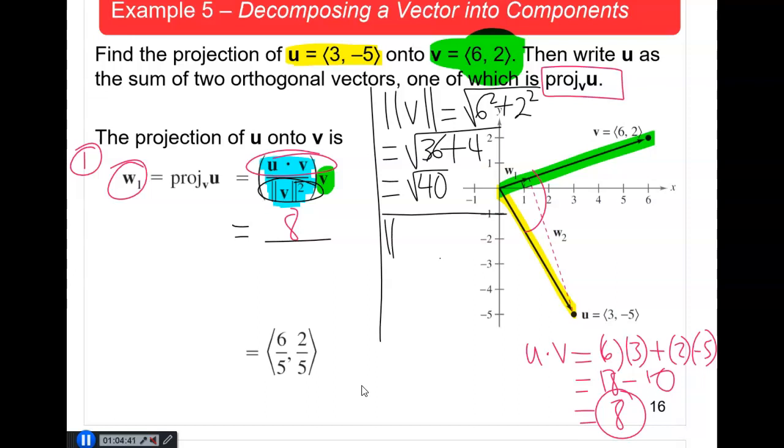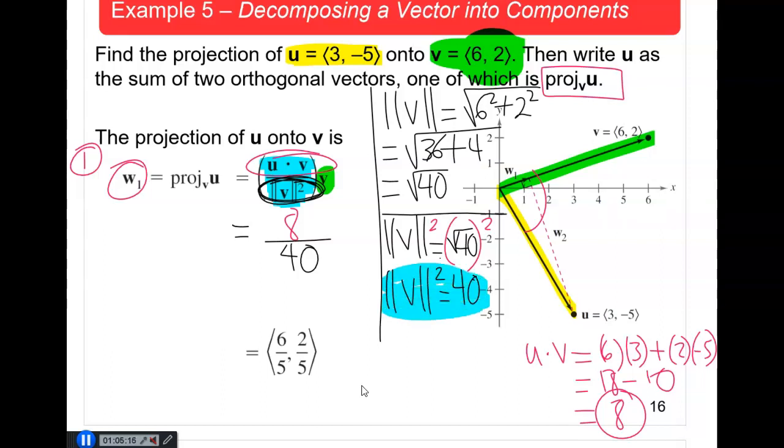So if the magnitude of v is the square root of 40, and we need the magnitude squared, we square here and here, then the square root will cancel, and so the answer will just be 40. There we go. So we put a 40 under here, substituting that with the squared magnitude right there.